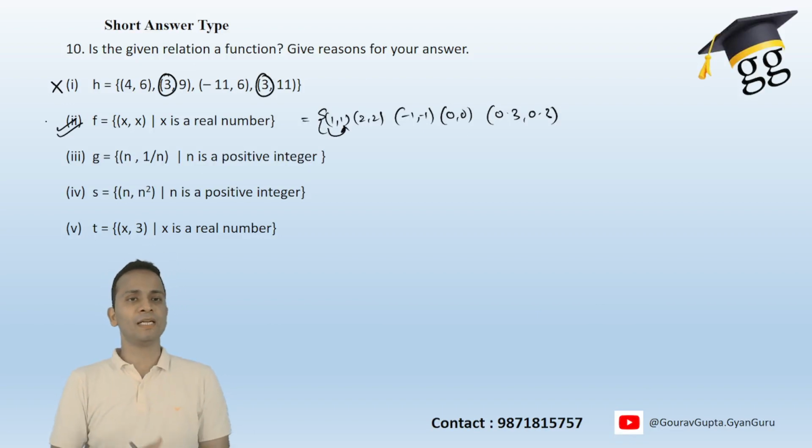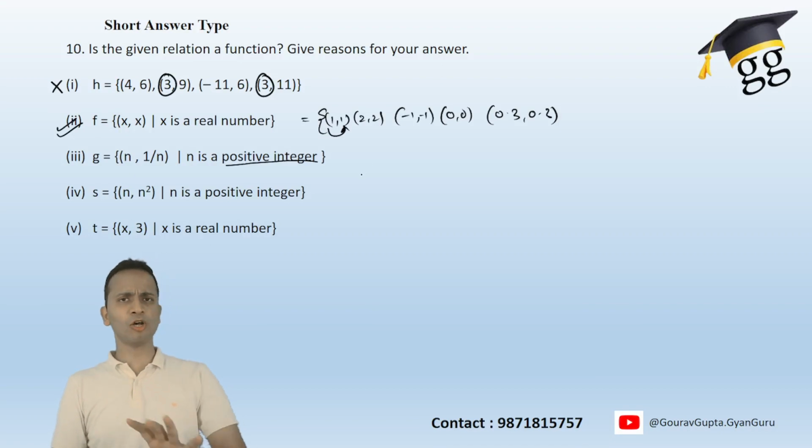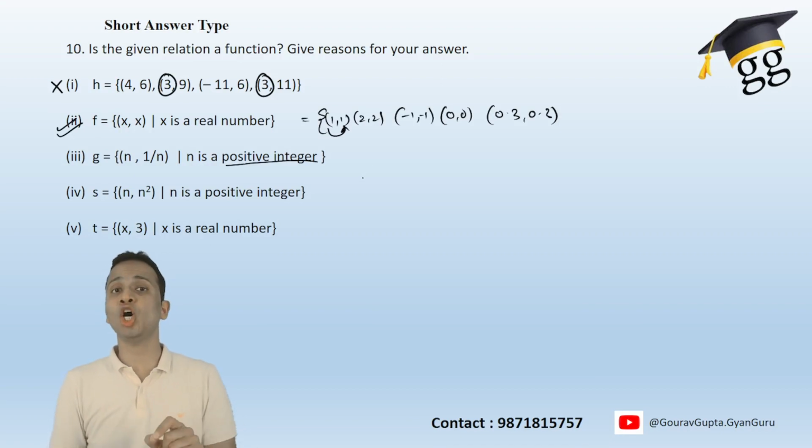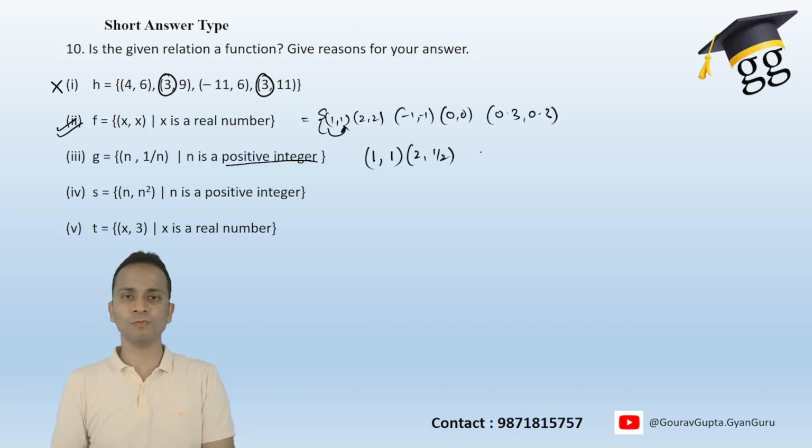All right. Now for the next case, part number 3, this relation is defined as n comma 1 upon n, where n is a positive integer. They have already mentioned that n is a whole number. When n is equal to 1, 1 upon n will be equal to 1. When n is 2, it will be 1 upon 2. When n is 3, it will be 1 upon 3.